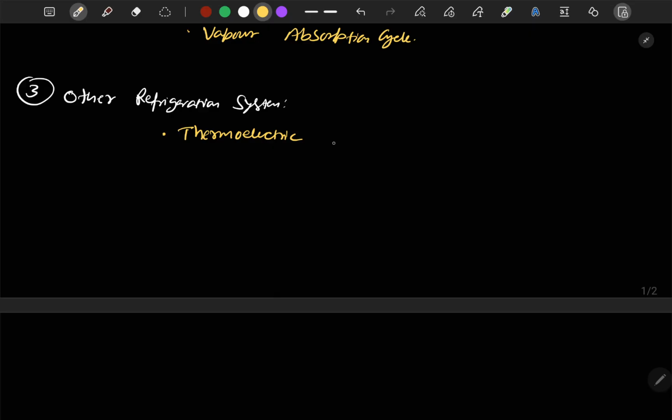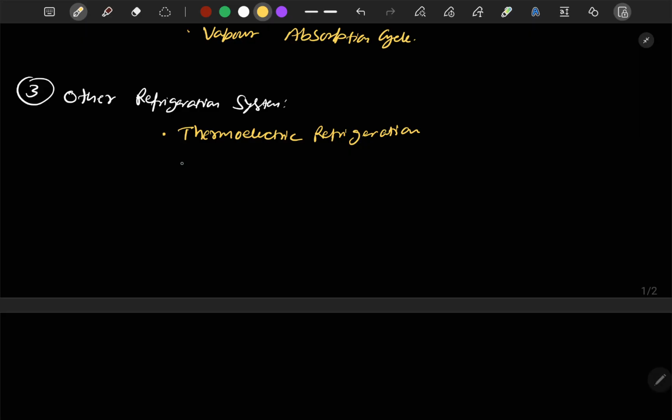Thermoelectric refrigeration uses the Seebeck effect and Peltier effect, which I have mentioned in thermodynamics. So this uses the Peltier effect and Seebeck effect to generate low temperature.